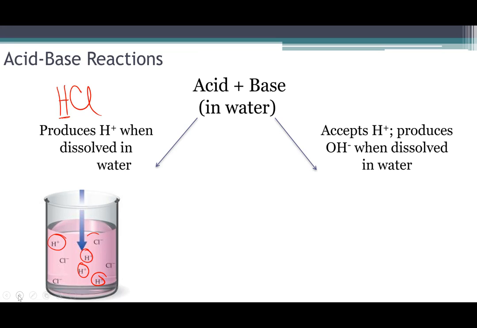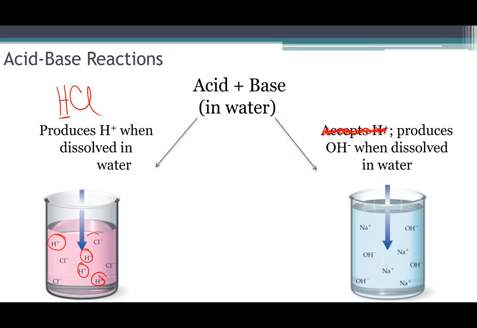Bases, let's ignore this first statement here. We'll talk about that in the second half of general chemistry. But bases are going to also dissolve in water. They're also going to do so by dissociating. And when they dissociate, they are going to produce hydroxide ions in that water.